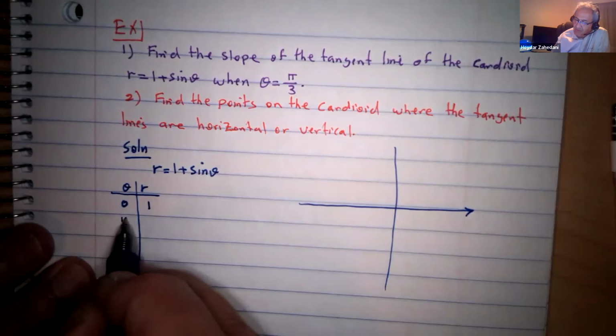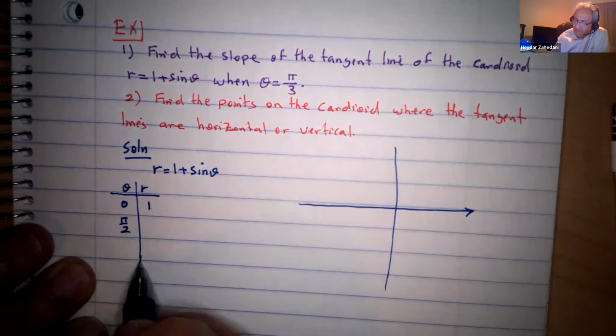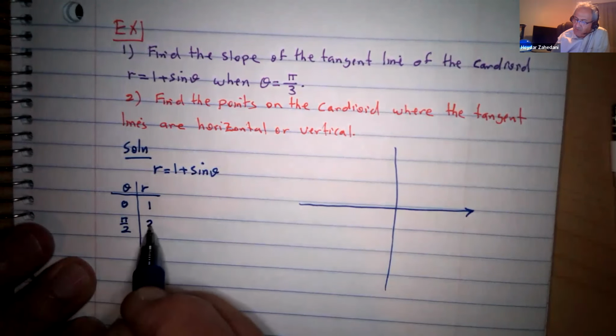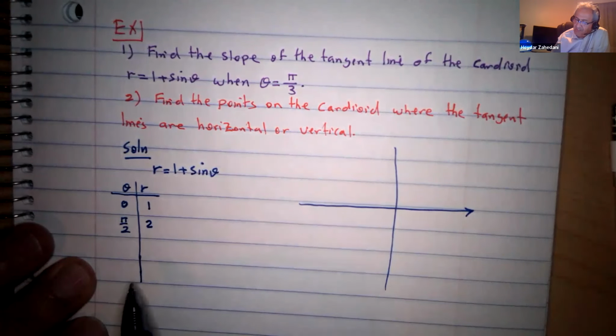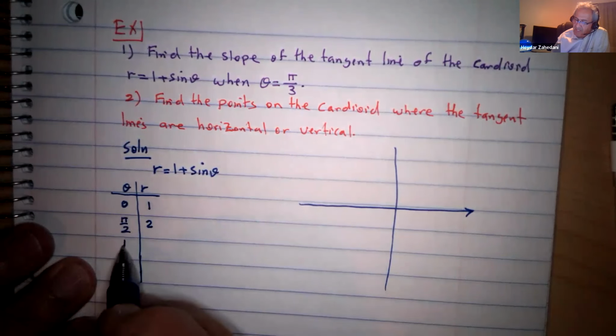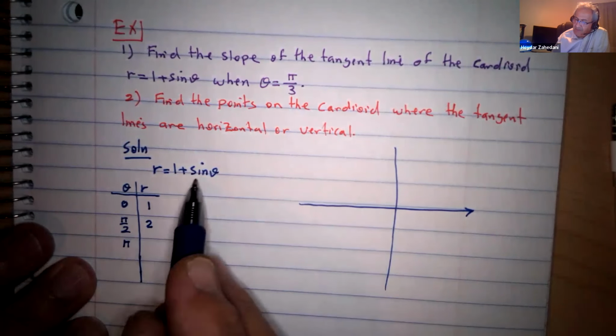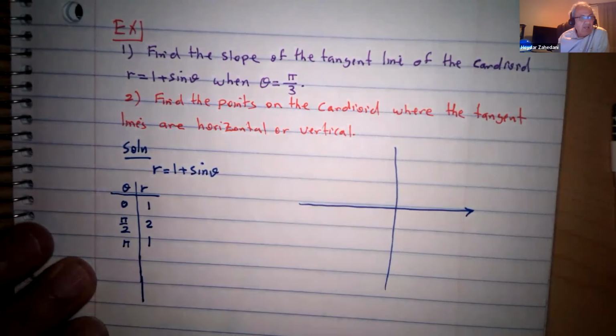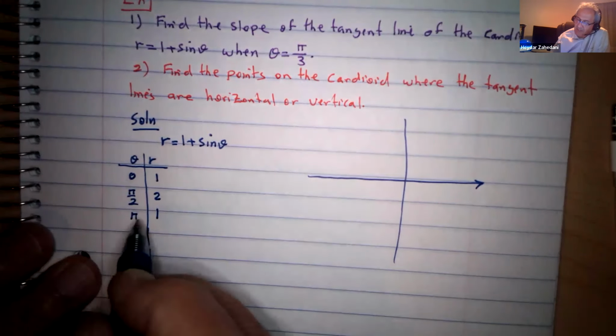Then you can go to pi/2. That's 1 plus sine of pi/2. Sine of pi/2 is 1, so that gives you 2. Then you go to pi. Sine of pi is 0, that gives you 1 again. That's going to be half of the graph. Then you can continue.